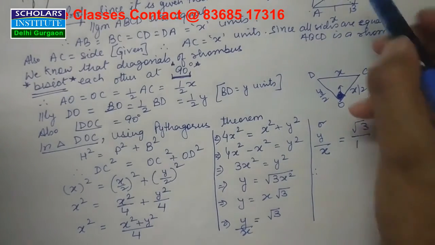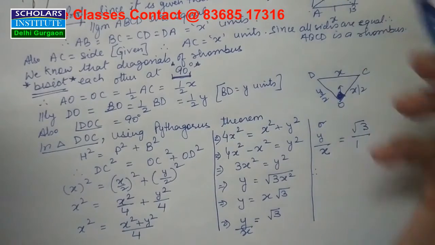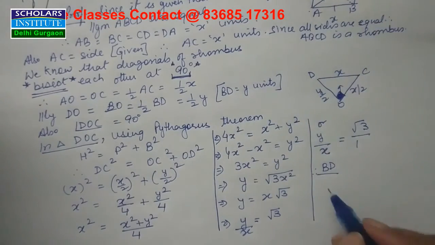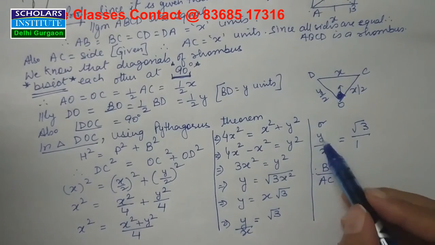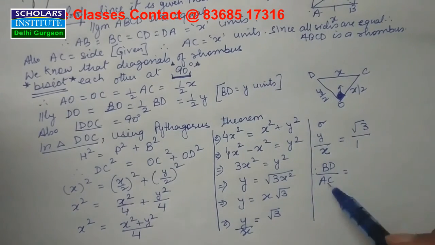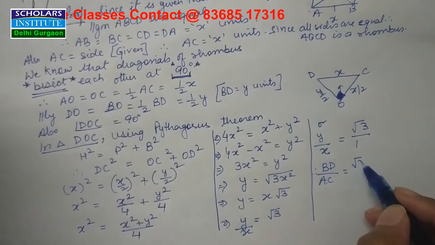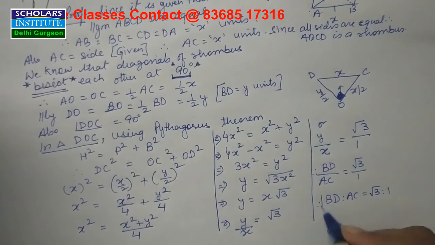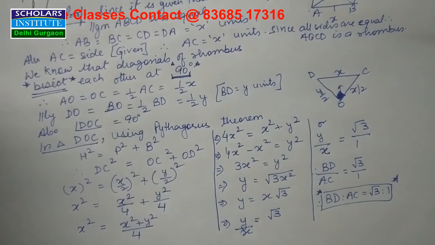So y was equal to BD, and x was AC. If I talk in terms of diagonals, y is BD, x is AC. So BD upon AC is root 3 by 1. We are supposed to prove that BD is to AC is equal to root 3 is to 1. We've got the answer. In the end, you can say hence proved, and it is so satisfying.